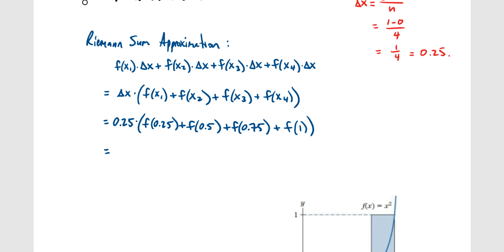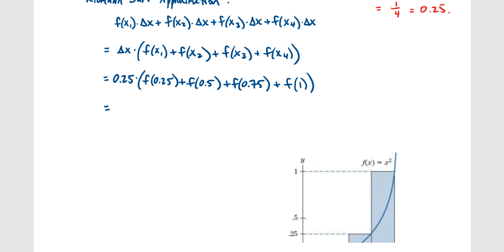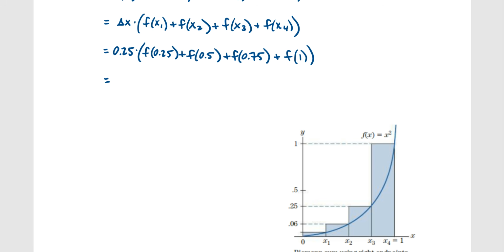So what we have to do is find out those y values for each individual one. And I'll start that on the side. We need f of 0.25. F of x was x squared.